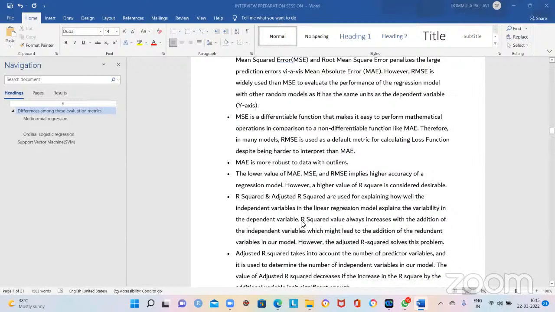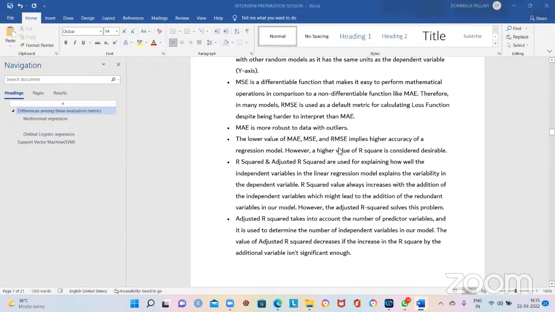MSE is a differentiable function, which makes it easy to perform mathematical operations, compared to a non-differentiable function like MAE. Therefore, in many models, RMSE is used as a default metric for calculating the loss function, despite being harder to interpret than MAE.